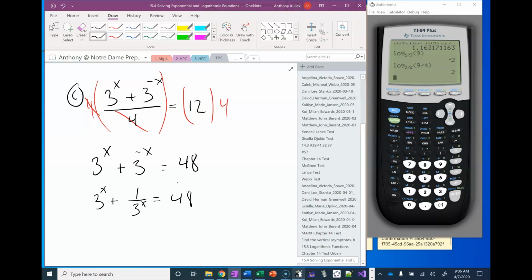And clearing the fraction is going to be very easy in this case because I only have one denominator that has a variable in it, that's 3 to the x, and really that's the only denominator other than 1. So I'm just going to multiply both sides of this equation by 3 to the x.